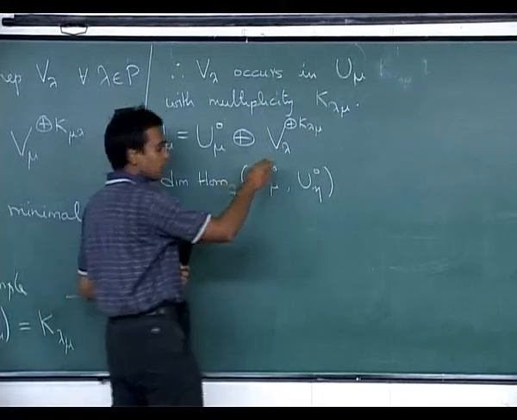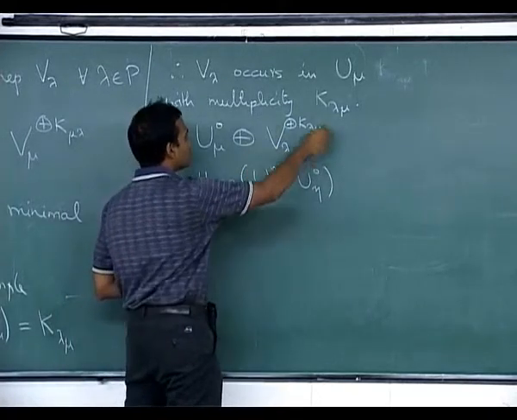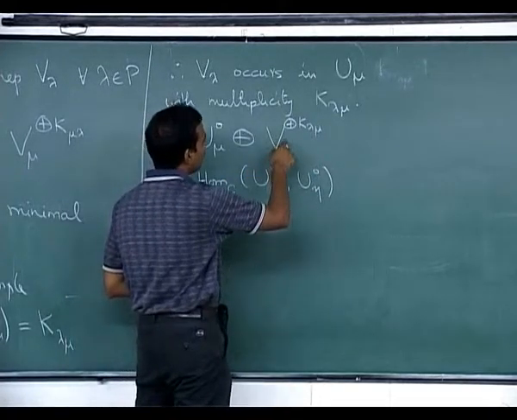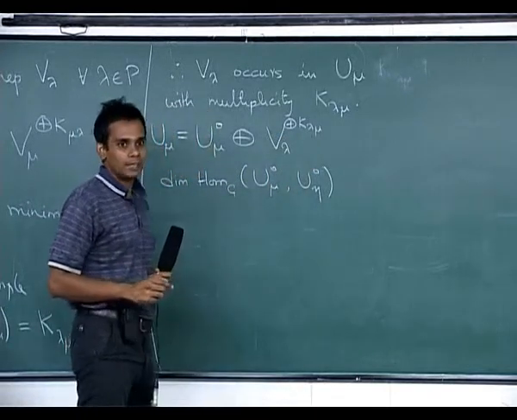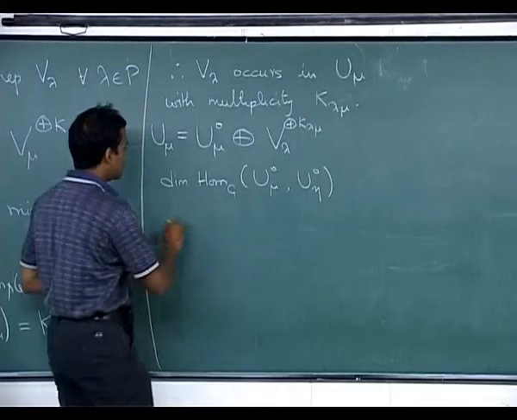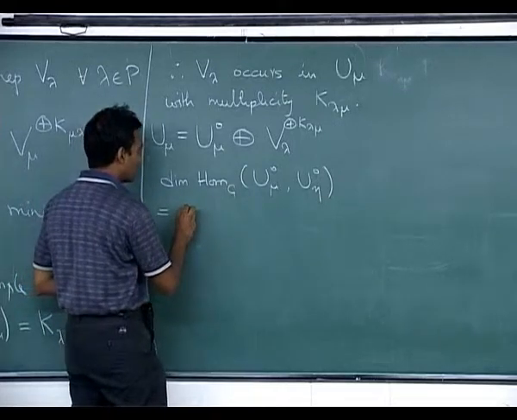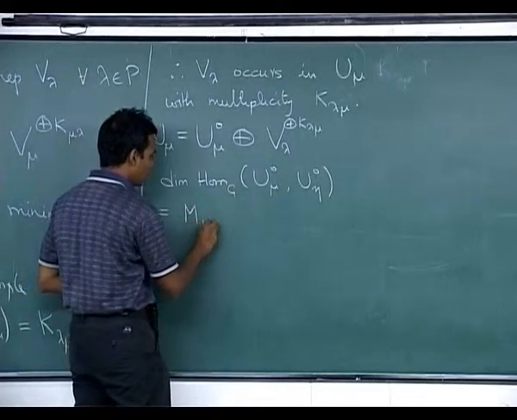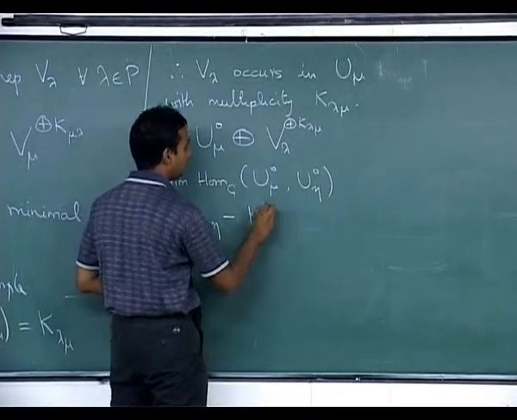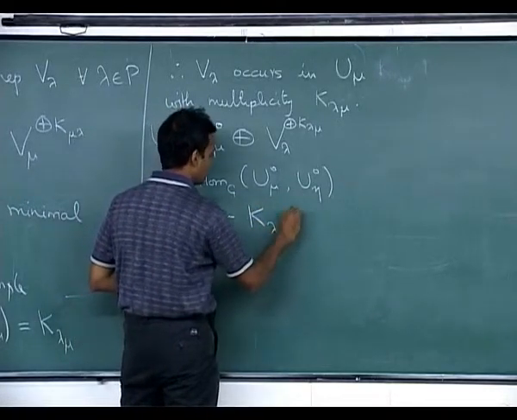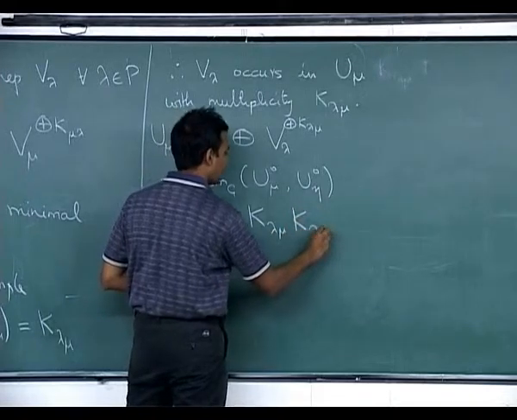What the overcount will be is the number of homomorphisms from v lambda direct sum k lambda mu to v lambda direct sum k lambda eta. This will just end up being m mu eta minus k lambda mu k lambda eta.